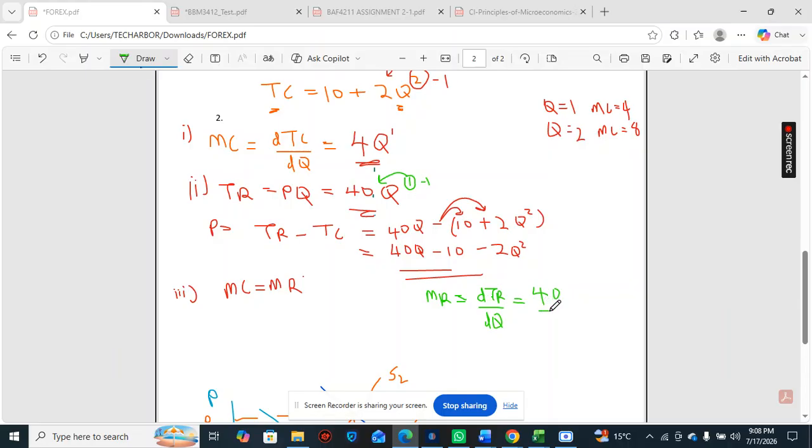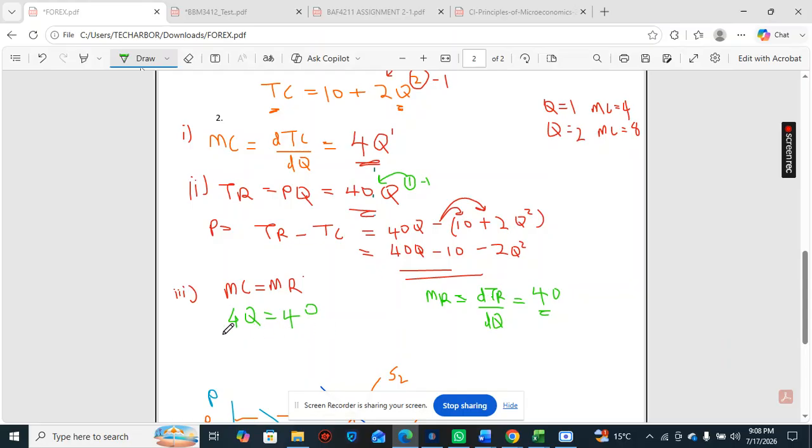So what this is telling us, colleagues, is when we sell an extra unit, we get an extra 40 kwacha. If you sell 1 unit, you get an extra 40 kwacha. You sell another unit, you get another extra 40 kwacha. So now we're going to equate marginal cost 4Q equals marginal revenue 40.